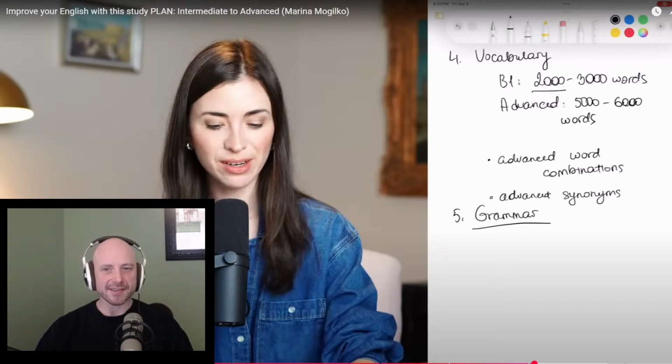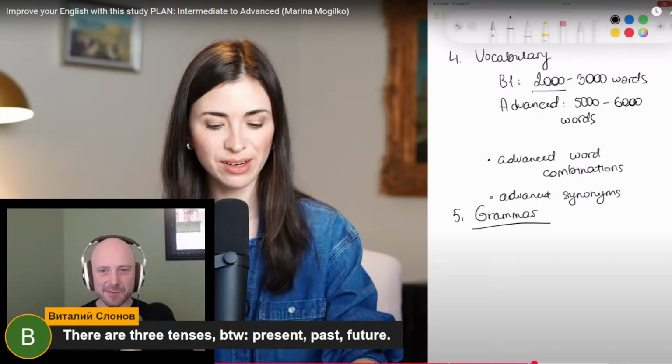Let's see what she says. Oh, what does Vitelli say? There are 3 tenses, by the way: present, past, future. Well, when I studied my CELTA, my Cambridge English Language Teaching for Adults, in 2012, I was told that in English there are only 2 tenses, I believe, or 3.